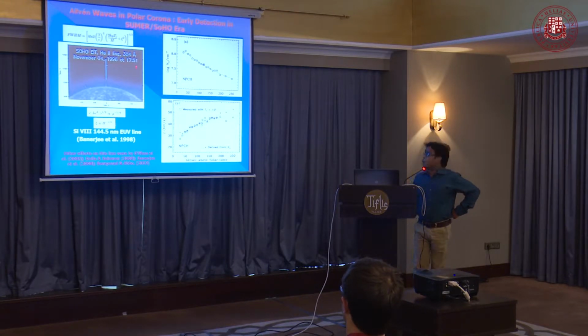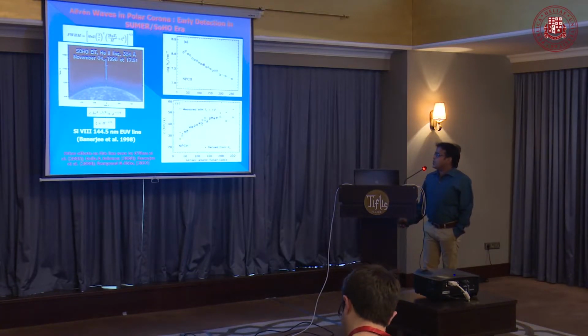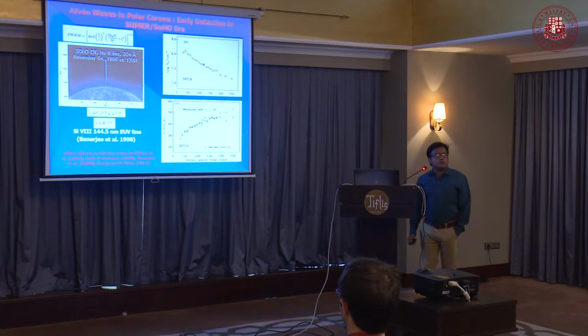But I will start with one significant observation in the SOHO-SUMER era: the silicon 8 line broadening, observed over the polar hole. When they converted this line broadening in terms of non-thermal widths, they saw an increment and plateau formation with height in the polar corona.